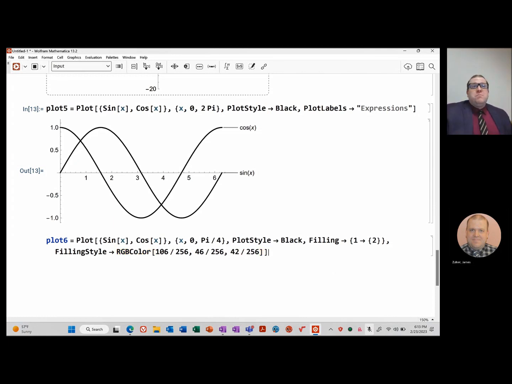By the way, I found that website purely by chance. I was just Googling RGB codes, and it popped up with a list of colors. Perfect. And I just saved it.